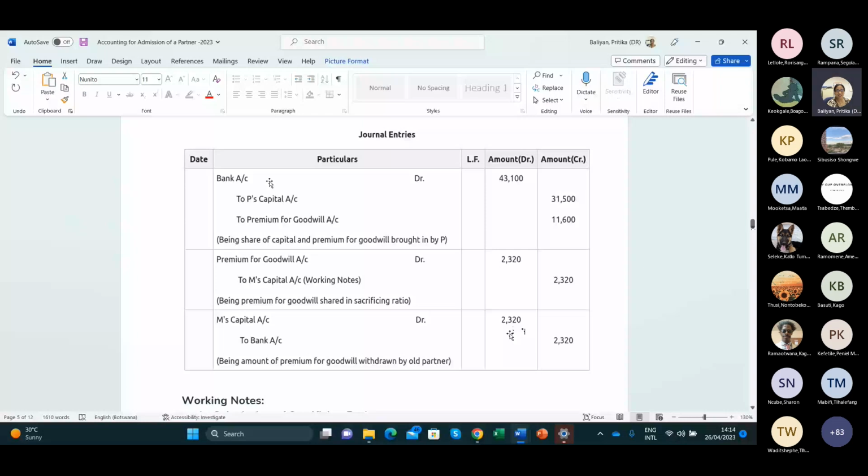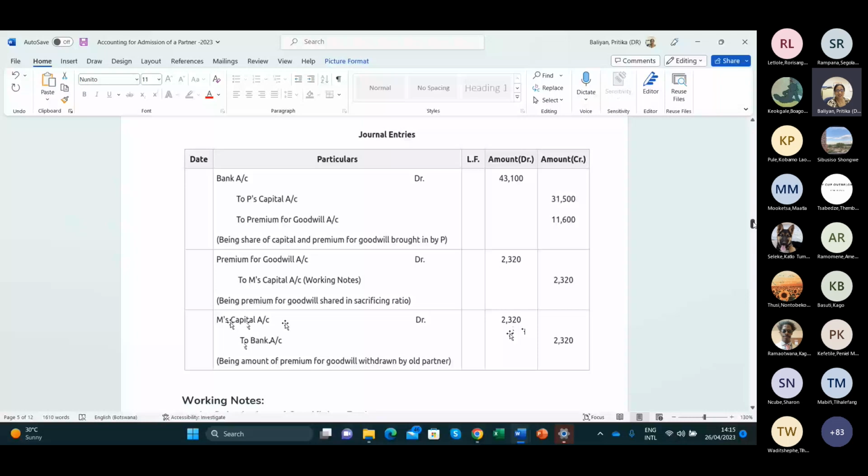So when you take from the bank, the bank account will be credited, and M's personal account, the capital account, will be debited, because that much portion goes to M's account, right? So he withdrew and it was recorded in his capital account. So that's how we make the entries.